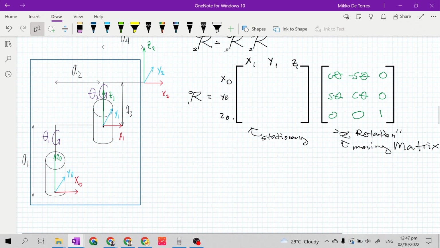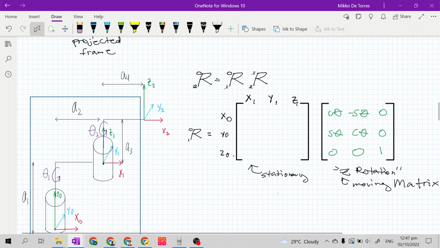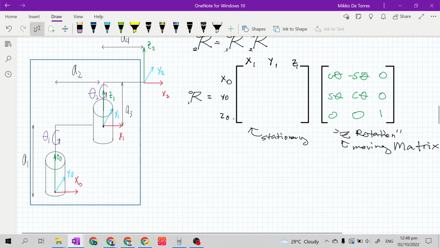We need that to obtain the rotation matrix of R01. So this is the stationary rotation matrix, while the z rotation matrix is the moving, or the rotating matrix, or the orienting matrix.